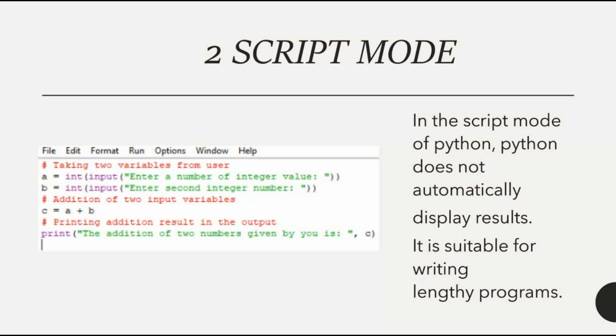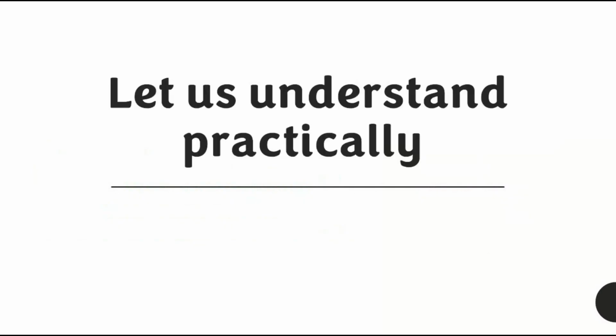So it is suitable for writing lengthy programs. Now if you write something like print hello world, which I think is suitable for interactive mode, you can write it in script mode, but it's suitable for writing lengthy programs.